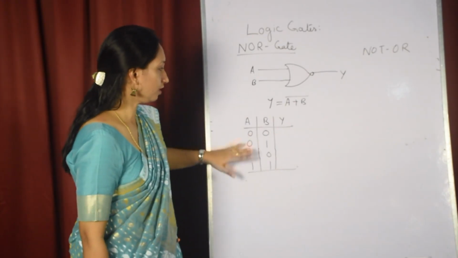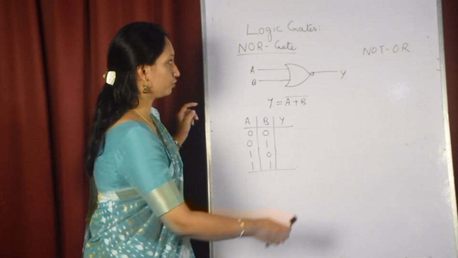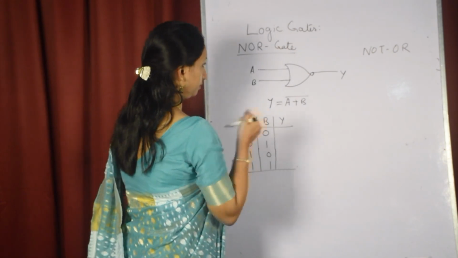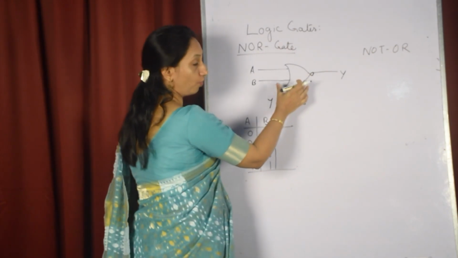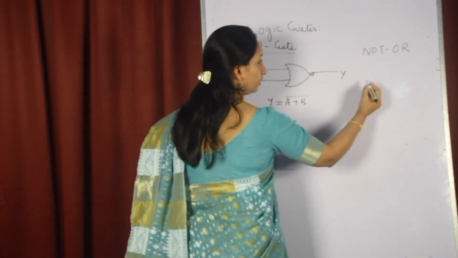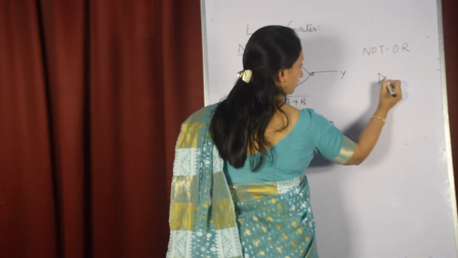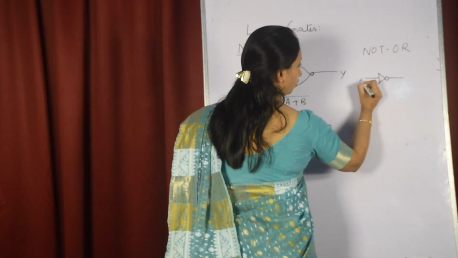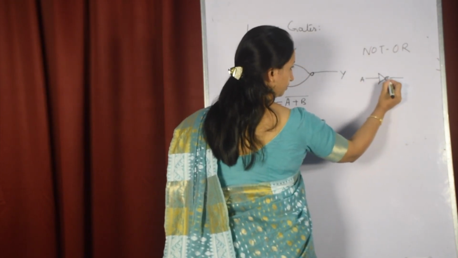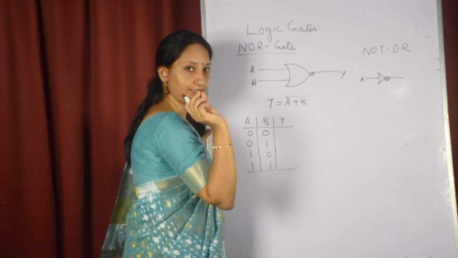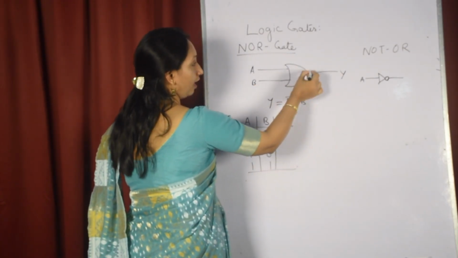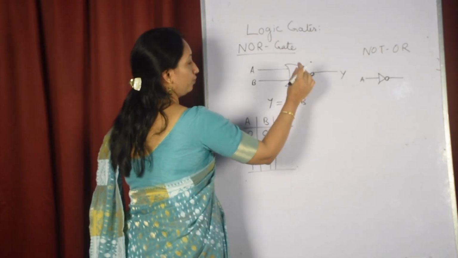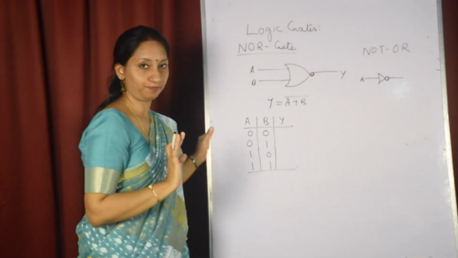And the truth table of the NOR gate, that is NOT OR, because we have given a circle here, so it shows the NOR gate. In the NOT gate, that is the complement of the input, so we symbolize it as a small circle. So similarly, if we put a small circle at the output of the OR gate, we get the NOR gate.